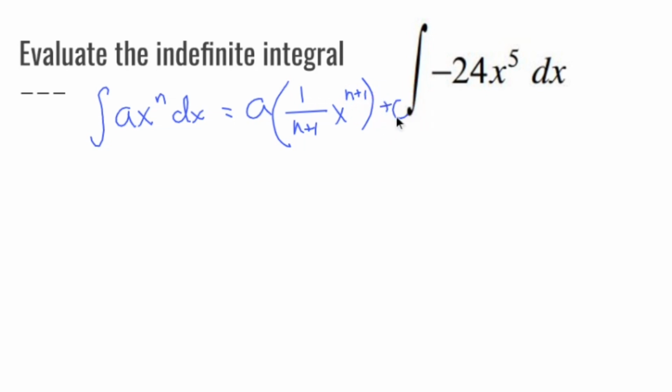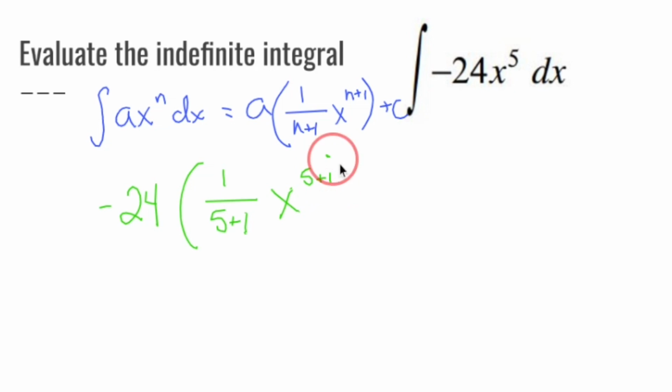Now, what's that c stand for? A constant. You have to put plus c on an indefinite integral because that c could represent any constant that we just don't know. So the way I apply that here is if I want to take the integral of negative 24x to the fifth, my a would be negative 24. I'm going to multiply that by 1 over, there's my n, 5 plus 1, x to the 5 plus 1.